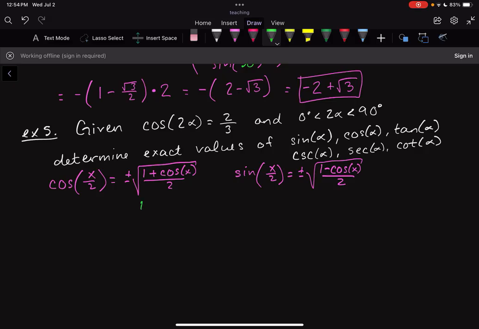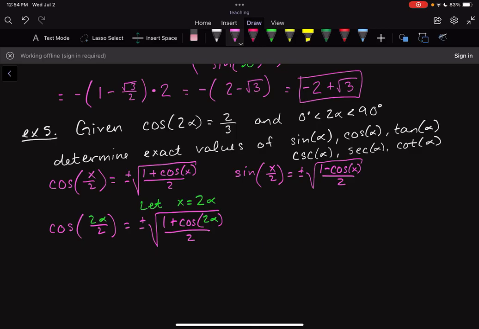If I let x equal 2 alpha, I want you to see what happens. I get cosine 2 alpha over 2 is equal to plus or minus the square root of 1 plus cosine 2 alpha over 2.